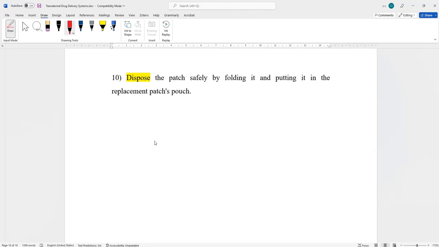This is how you dispose of the old patch.